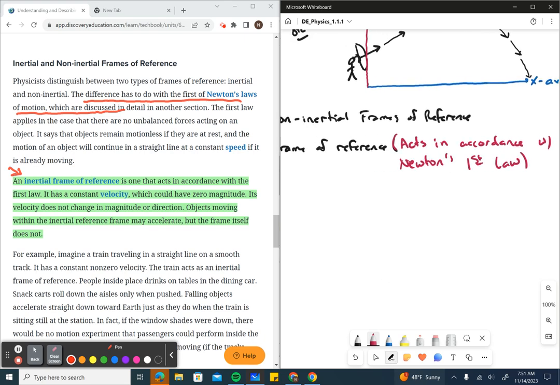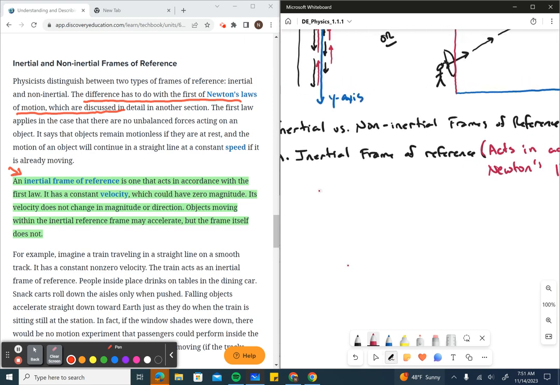So in this frame of reference, there is a constant velocity, which would have zero magnitude of change. That means there's no change in the speed and no change in the direction. So what do we want to say here?